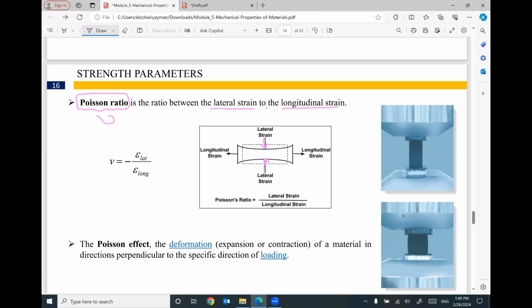So nu equal epsilon lateral divided by epsilon longitudinal. The Poisson effect is the deformation, expansion, or contraction of a material in direction perpendicular to the specific direction of loading.